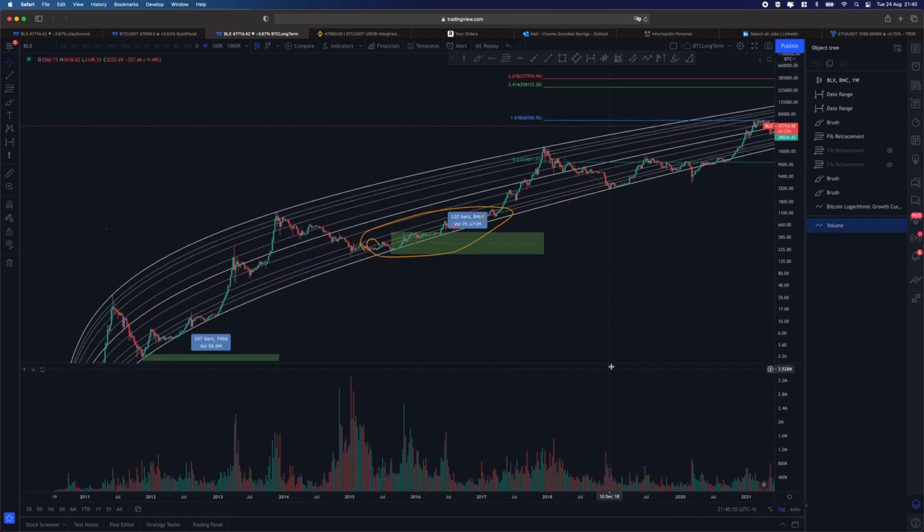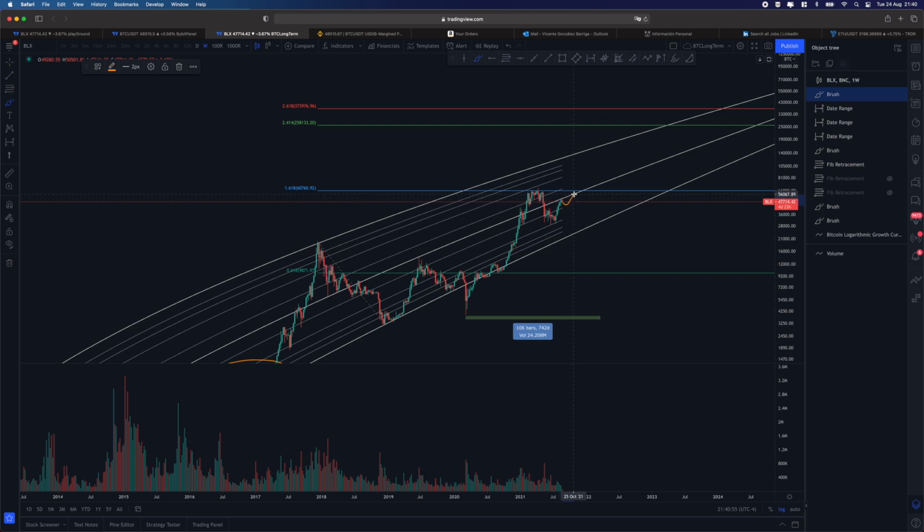Oh, sorry. It's too parabolic. Some correction right there. Some consolidation right there. Again, I think it would touch that Fibonacci or logarithmic regression curve, and it will go straight up to the top.